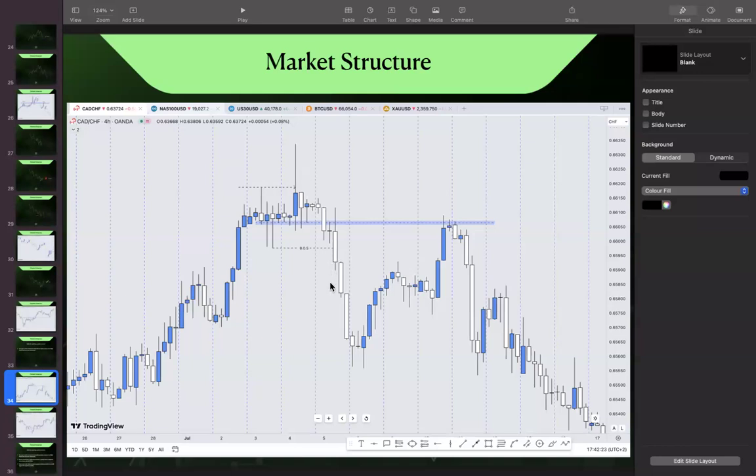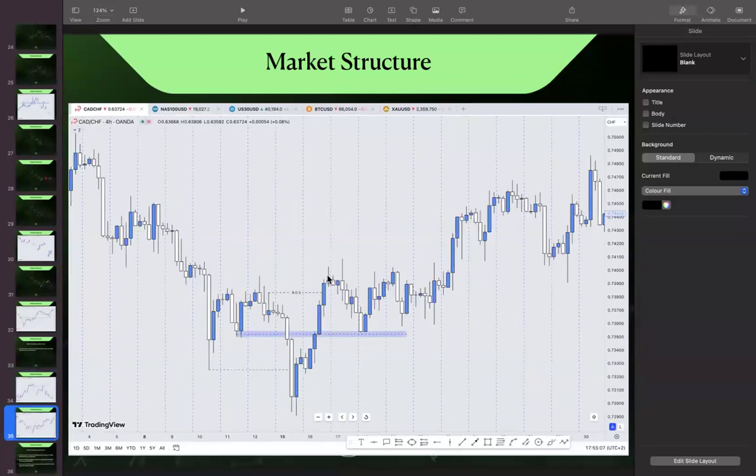A new candle must open, form, and close below or above the break of structure line, like in this scenario over here. So from bearish to bullish, price must break past the break of structure line and open, form, and close a new candle above it. That is a valid break of structure.